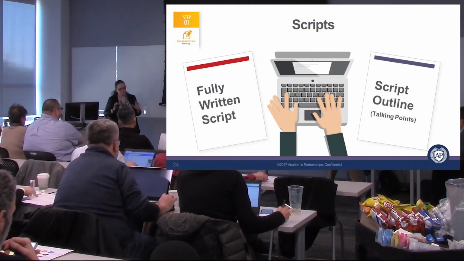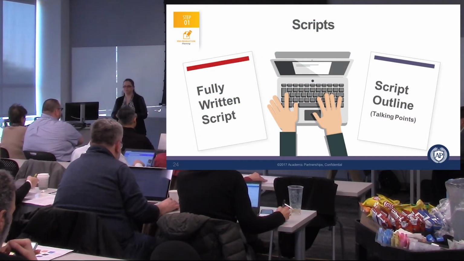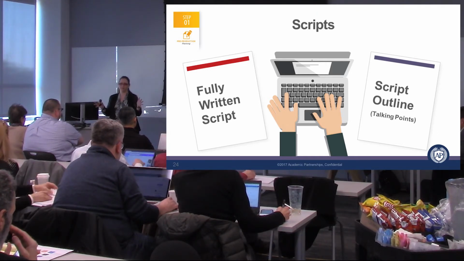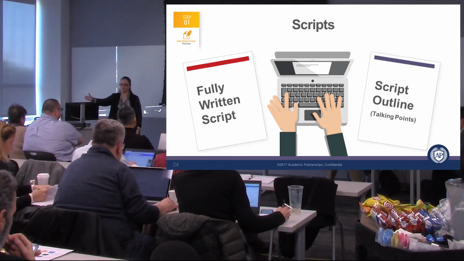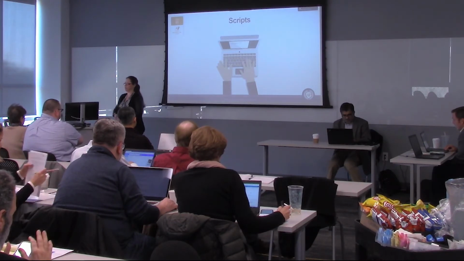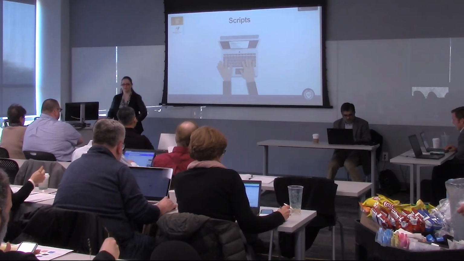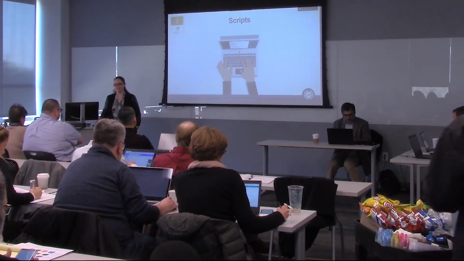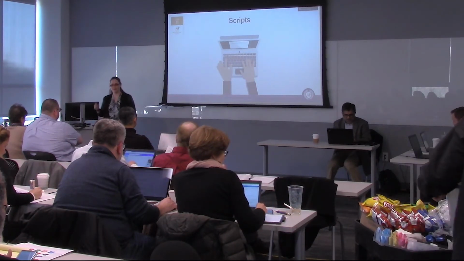Scripts. This is up to you. I would make a terrible actress because I cannot read a script. I had to re-record something that another colleague had done, and the prompts were up there, and I sounded like I was reading. The production team said, no, we're going to do this again, you sound like an automaton.